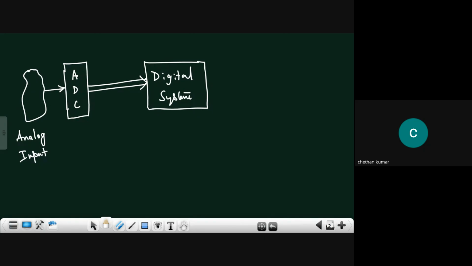Digital system, do process. The main use of the digital system is storing huge data, and transmission.